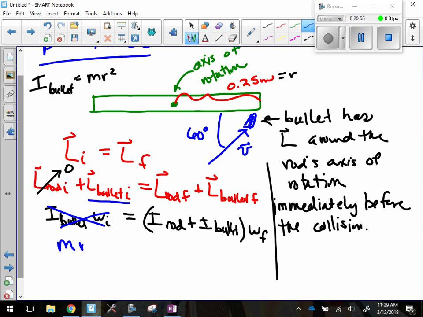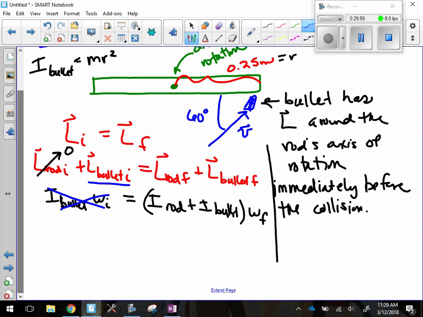Yeah, okay, this could be my angular momentum: r cross p, right? And I've got this tiny little point source. I can factor out my m, and I get r cross v.